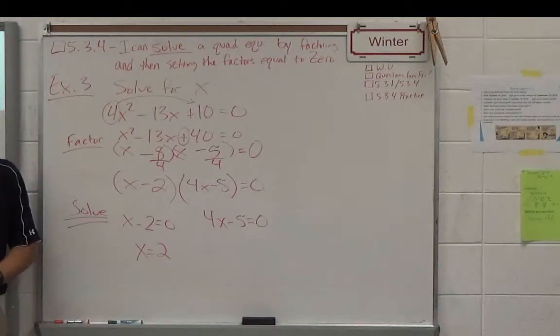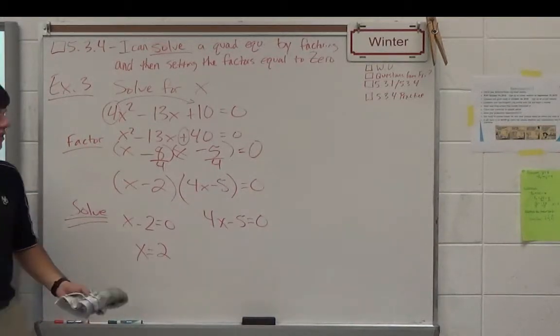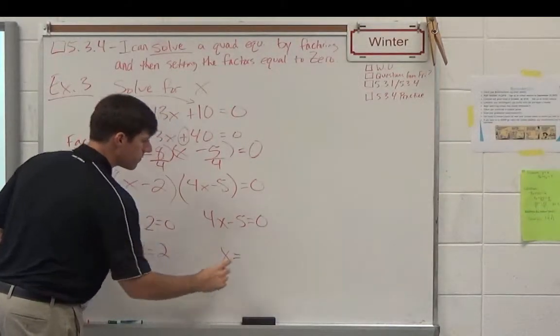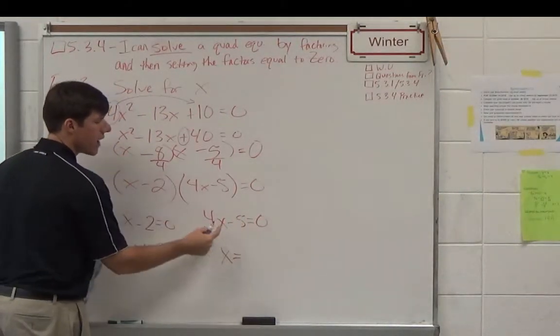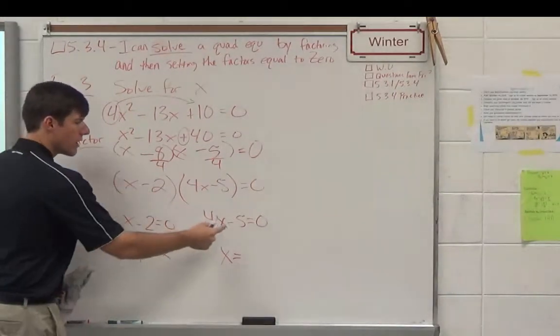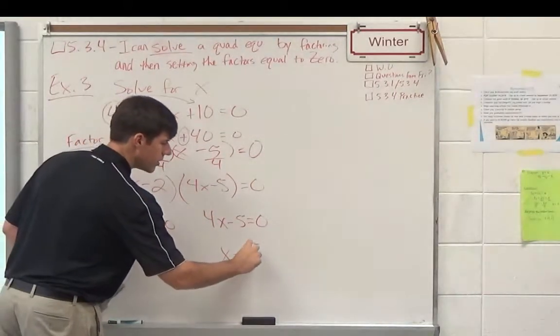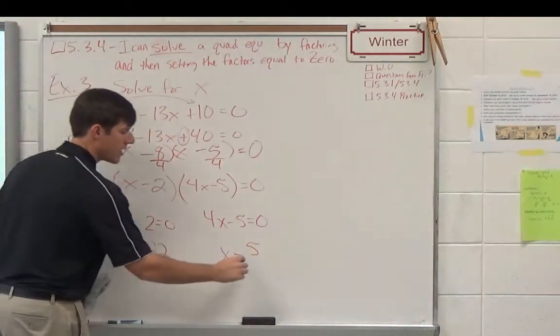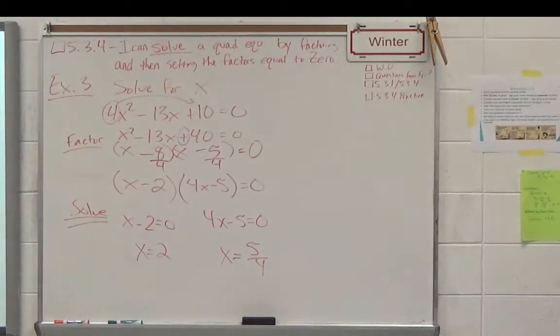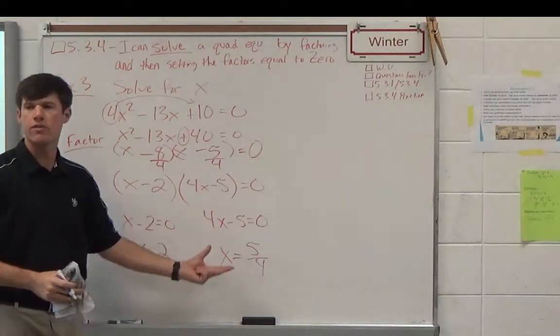Here's kind of a trick. Think in your head what x would equal. If I add 5 over, I've got 4x equals 5. Then I have to divide by 4. So I take the opposite of the 5, or negative 5, and divide it by 4. Negative 5/4.